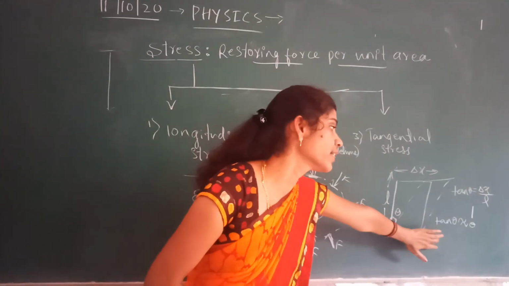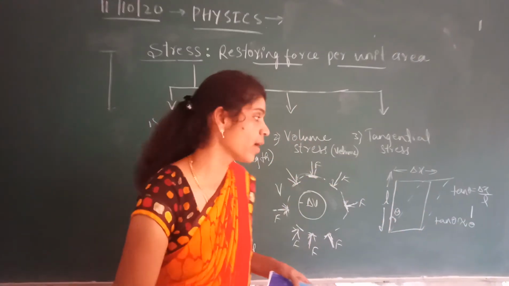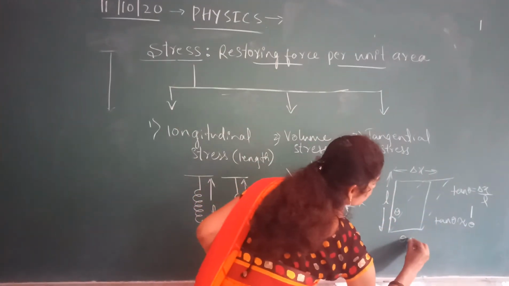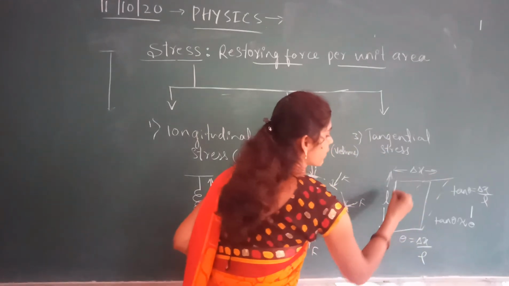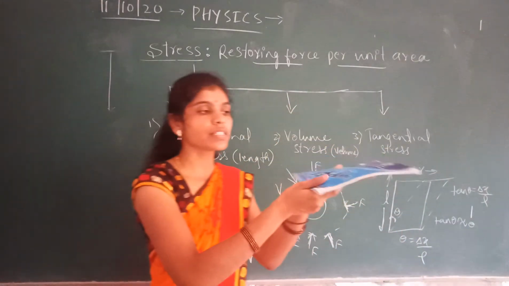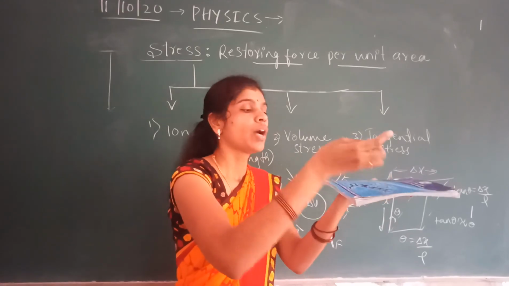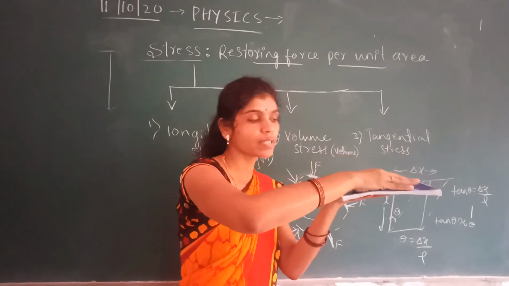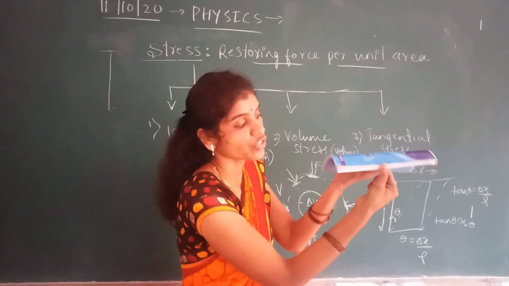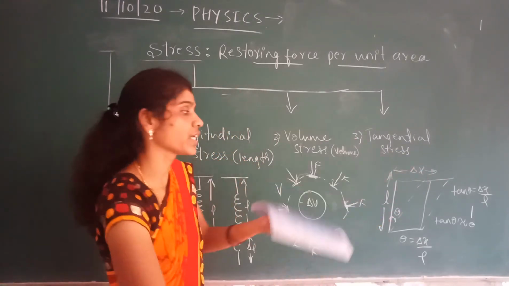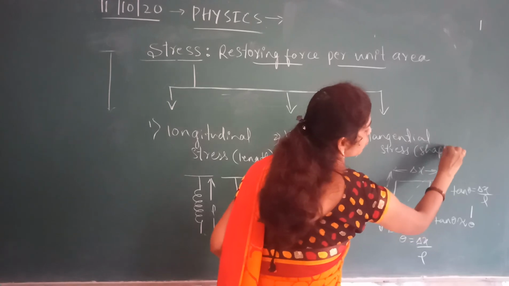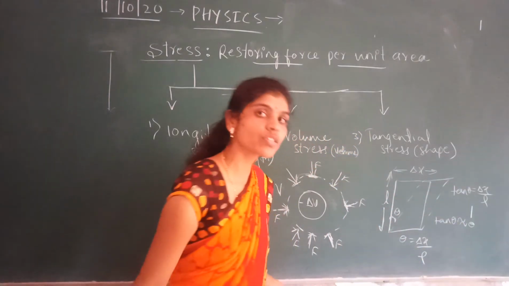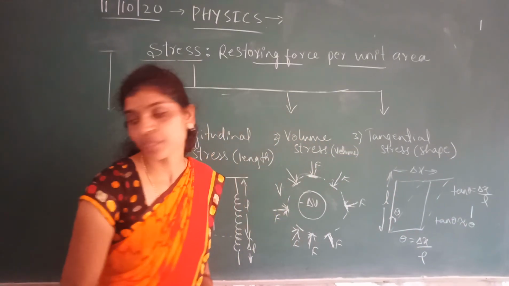Therefore theta is equal to delta x divided by L, because we consider the example of a book. We are applying the force in a tangential way, and the shape of the book is going to change. So here the dimension of the object is going to change along the shape of the object.